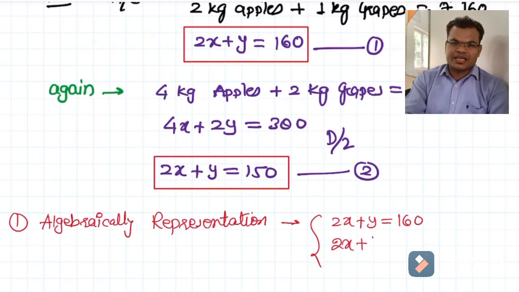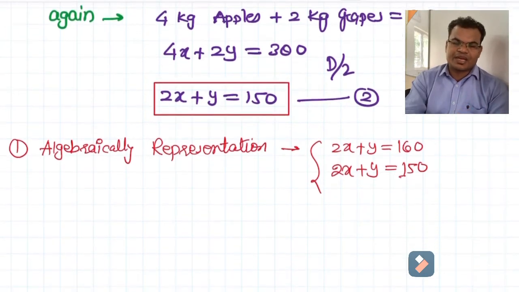I'm simply writing 2x plus y equals 160 and 2x plus y equals 150. Now you have to write the graphical representation.